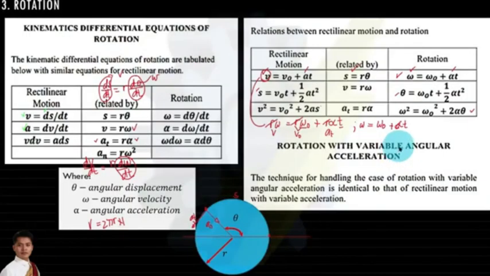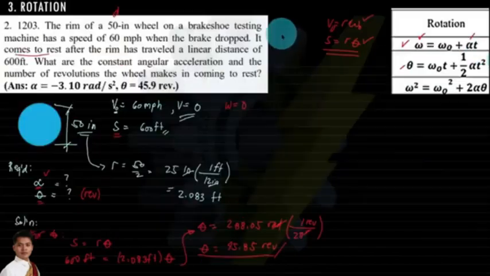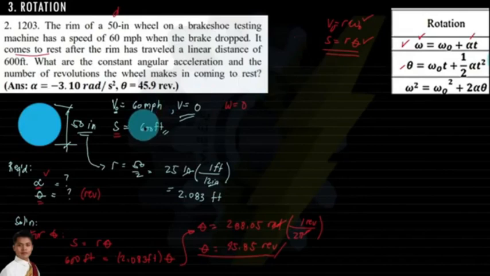Next unknown, we have the angular acceleration. So again, from our equations, the equations with acceleration here are these three. Based on the given, what we have is v, s, omega, or the final angular velocity, and our radius. If you use equation 1, we don't have the time, so we cannot solve for the acceleration.